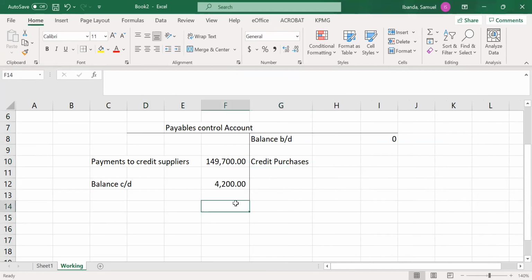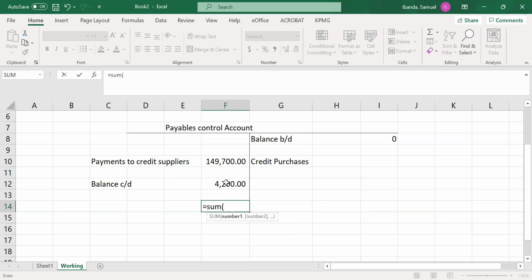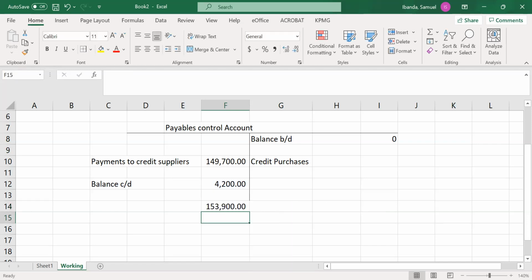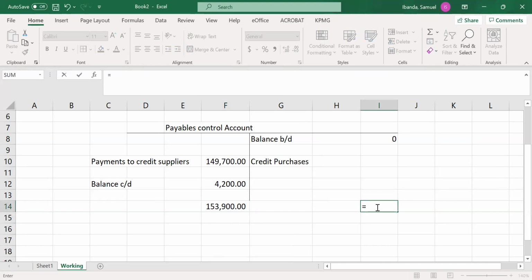So what I'll do, I'll basically get the total here and also get the total here. Now these totals are supposed to match because I already have the balances brought down and balance carried down. So these totals have to match. Now if they don't match, that means the difference will be my credit purchases. So this will be the summation of this, okay? And this will be 0.